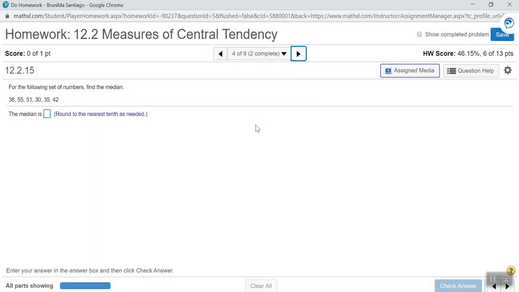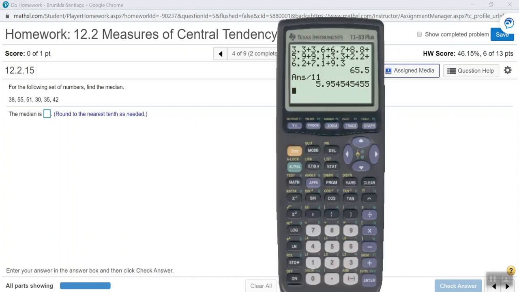Next, for the following set of numbers, find the median. So in order to find the median, you have to write the numbers in order. Even though I'm going to use a calculator just to enter the data in order so that you see the display. So for median, we always put the data in order. So that will be 30. And then I'm going to put as if I'm adding it.